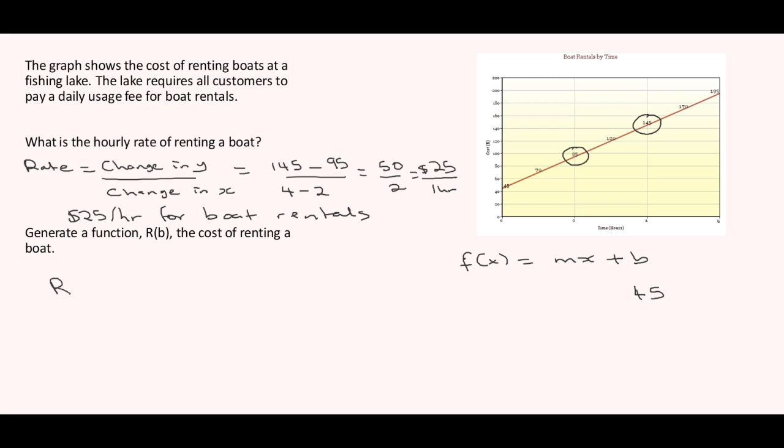So the cost of renting a boat is going to be, your slope is 25B plus your intercept, which is 45, and you're given that value right here.